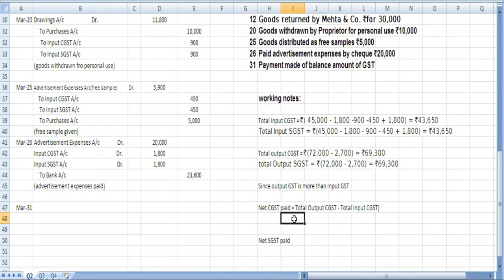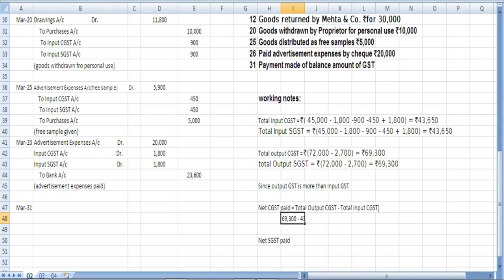Now how much will be the amount? Your total output CGST is 69,300 minus your total input CGST of 43,650.